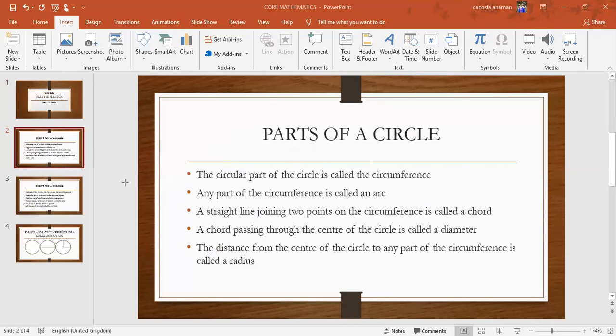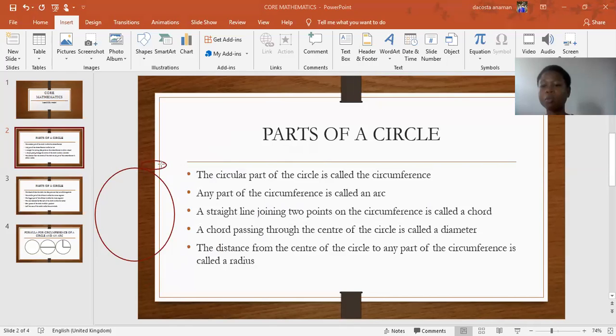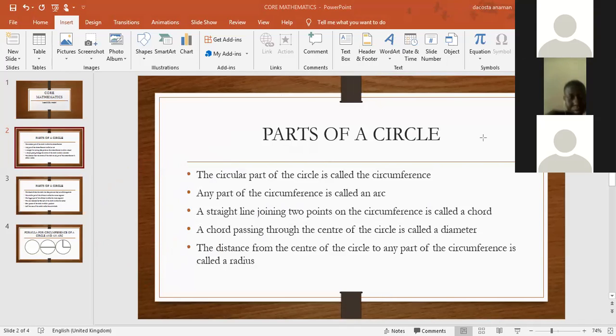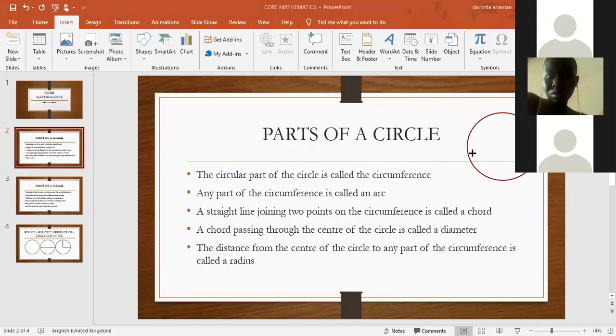Okay, so let me see if I can move this. Okay, so we are going to talk about part of a circle, and I'm going to use this circle to explain things better for you. The circular part of the circle is called the circumference. This brownish part is called the circumference, okay?